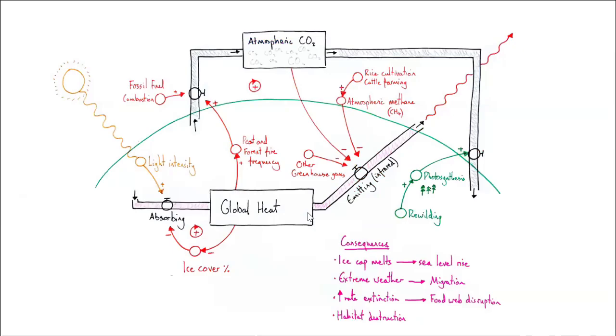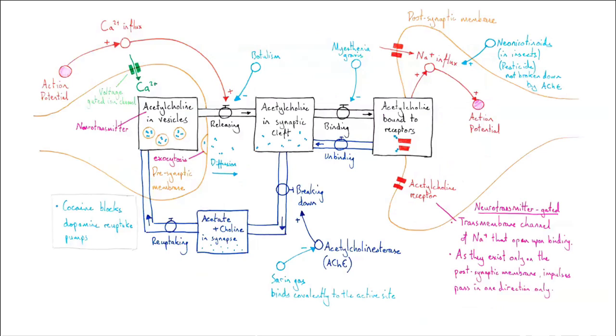They can get a bit more complicated. This is the greenhouse effect, for 14-year-olds. And here's another example from IB biology. This is the synapse. Again, with concrete elements, which I like to put in.